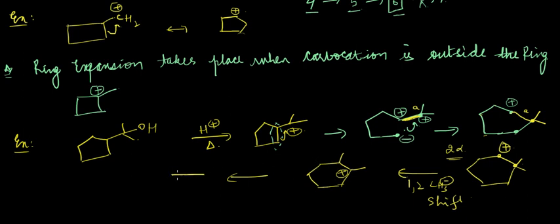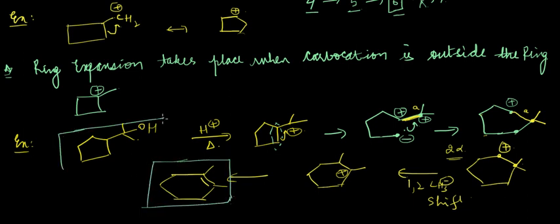Okay, now what we will get is a double bond between this carbon and this carbon. So this is the final product which is formed. Okay, so what was the substrate? This was the substrate and this was the product.